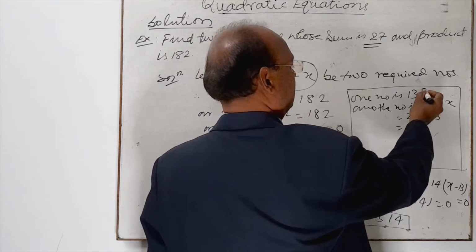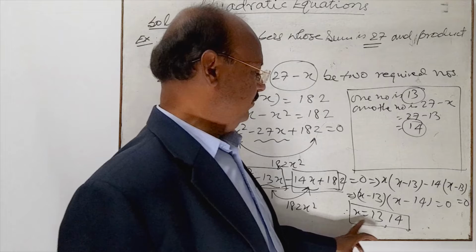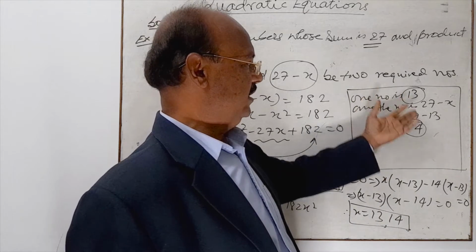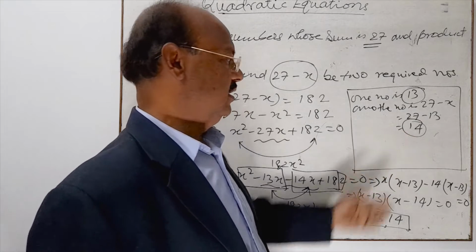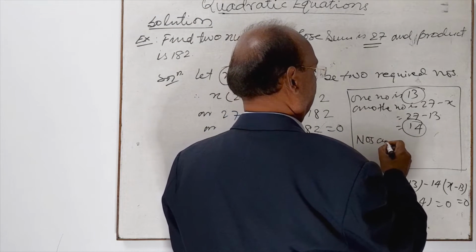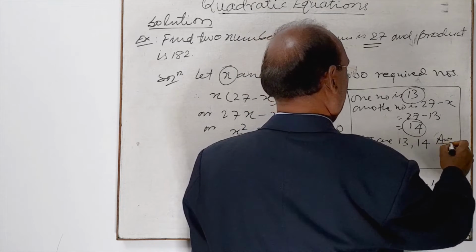So the two required numbers are 13 and 14. If you give x the value 14, in that case also you will get the same answer. So the required numbers are 13 and 14. This is the answer.